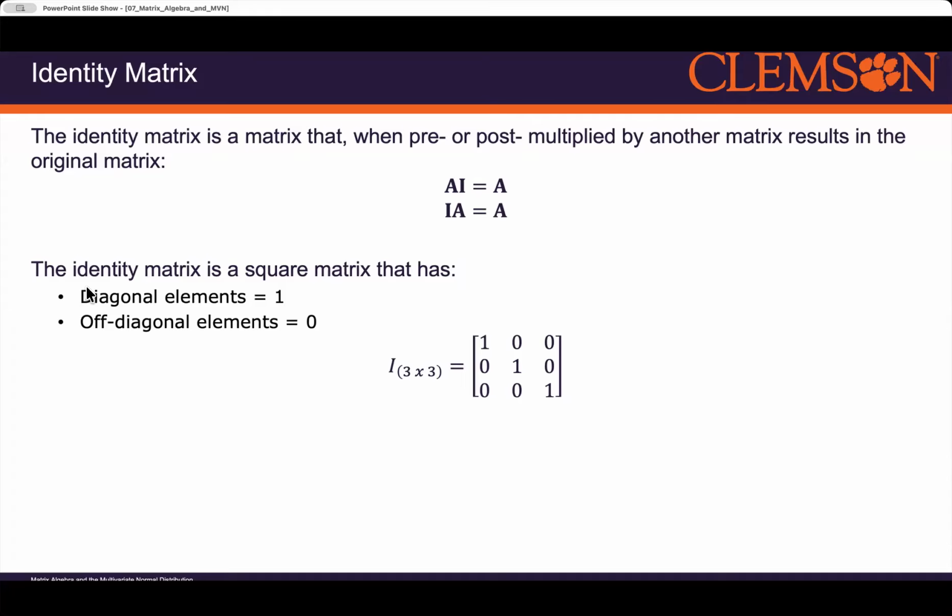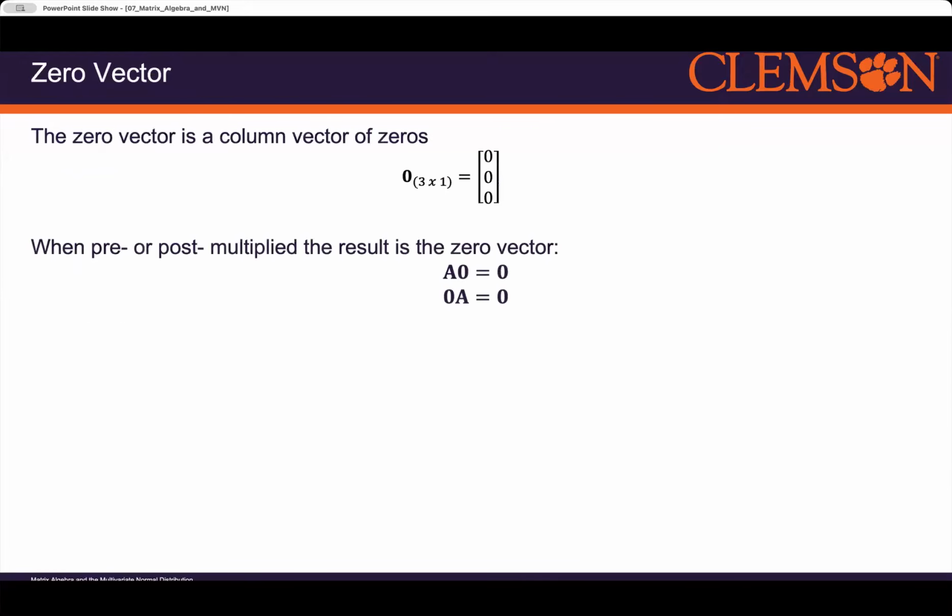The identity matrix is simply a square, diagonal matrix that has diagonal elements of 1 and off-diagonal elements of 0, right? So this diagonal right here of 1s is what does the work. What you will see is that its size can be adjusted so that the matrix math works. To make a matrix product, we have to have the columns of the pre-multiplier match the rows of the post-multiplier. And so we just resize I to be the right size.